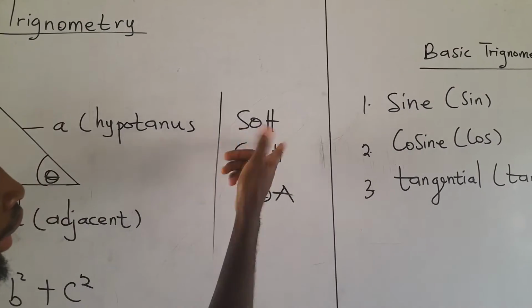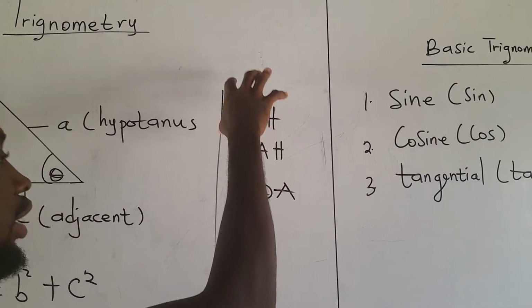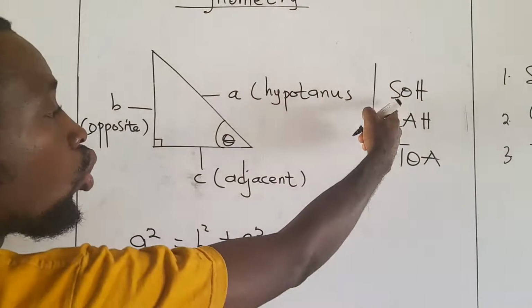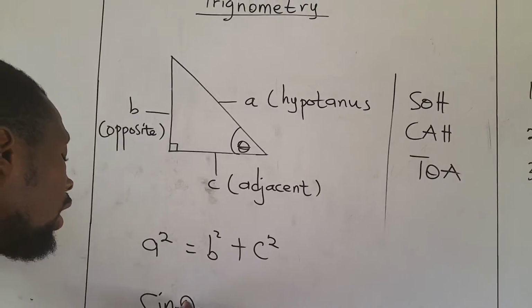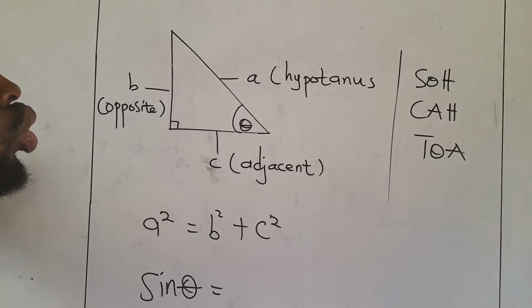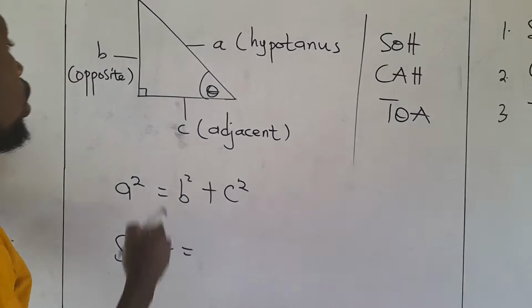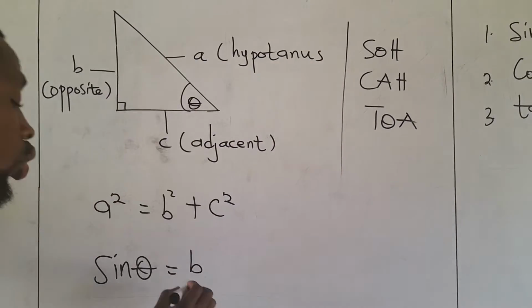Now, what does the mnemonic scheme SOHCAHTOA mean? It simply means that when we want to find this angle here, sine of this angle will be equal to the opposite over the hypotenuse. The opposite here is B over the hypotenuse, which is A.